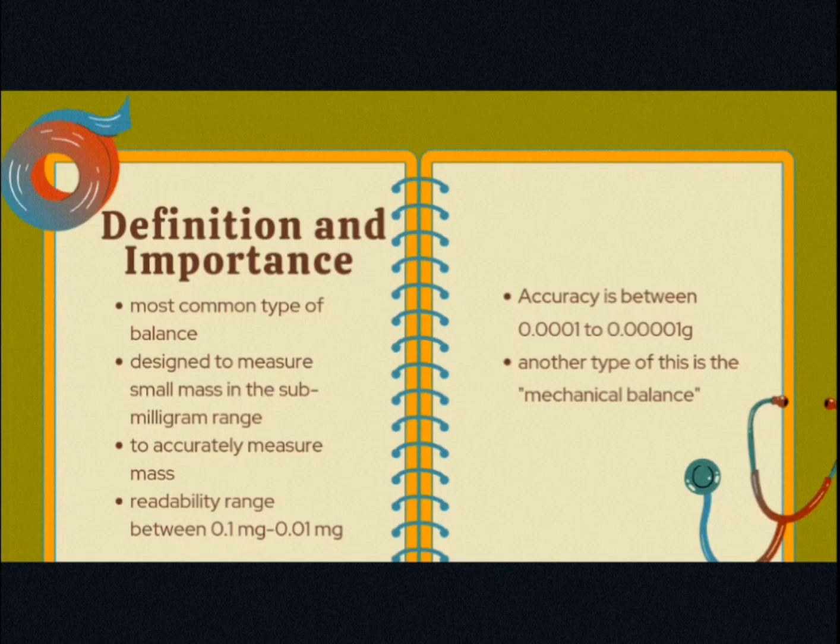To accurately measure mass, readability ranges between 0.1 mg to 0.01 mg. Accuracy is between 0.00012 to 0.00001 gram. Another type of this is the mechanical balance.